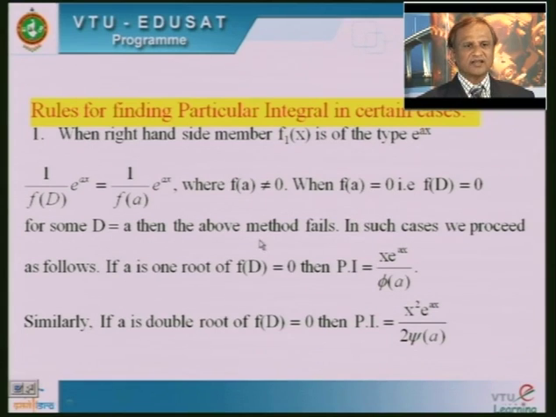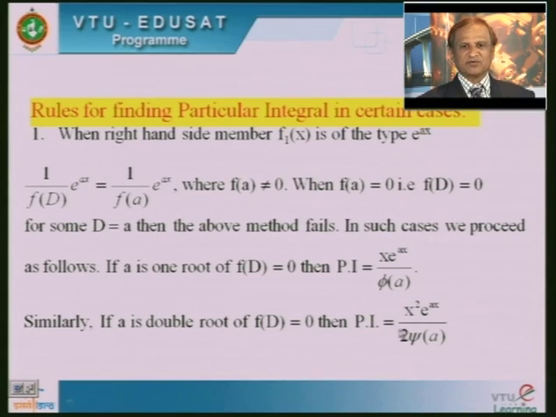Is it clear? Similarly, if a is a double root of f of D equal to 0, assume that f of D is a second degree polynomial. So a is a repeated root, and in that case also f of a is equal to 0. How do we write a particular integral?